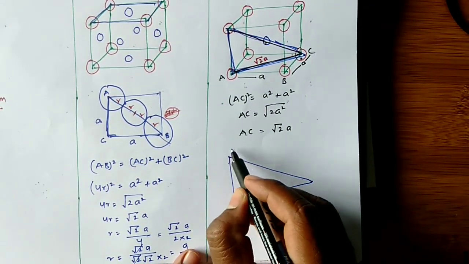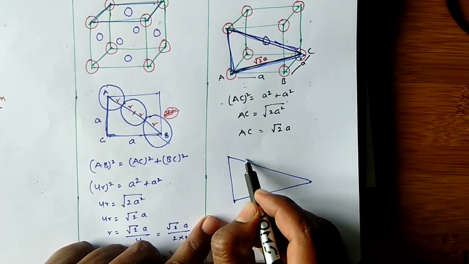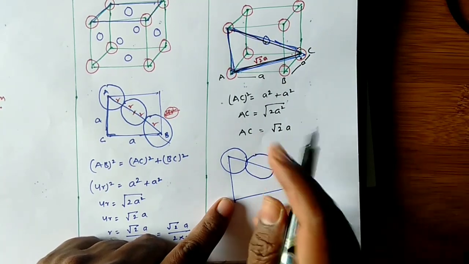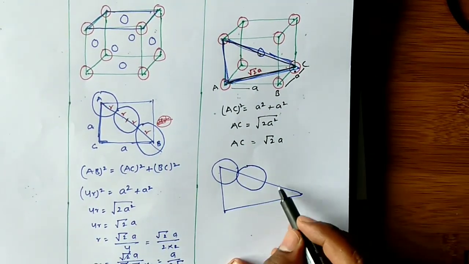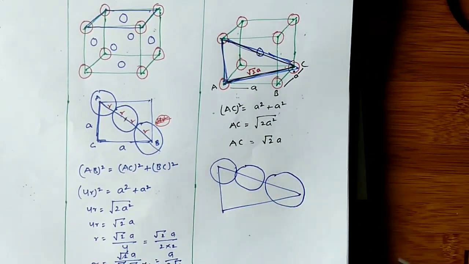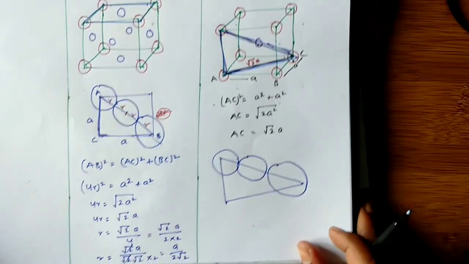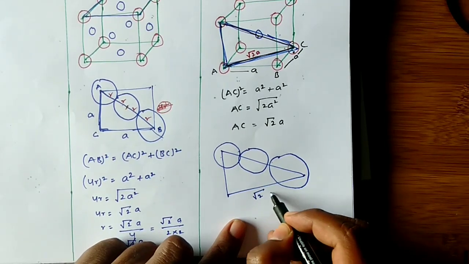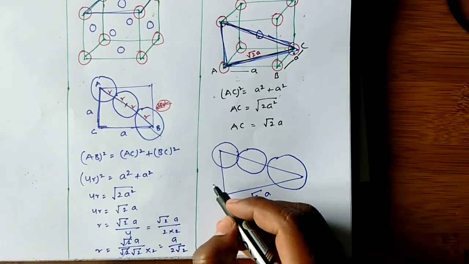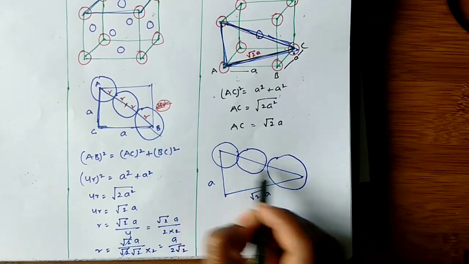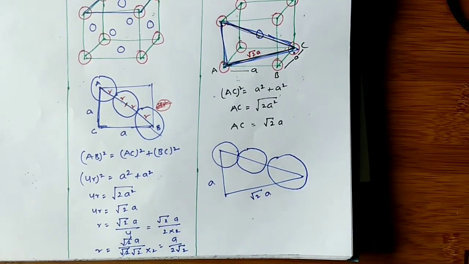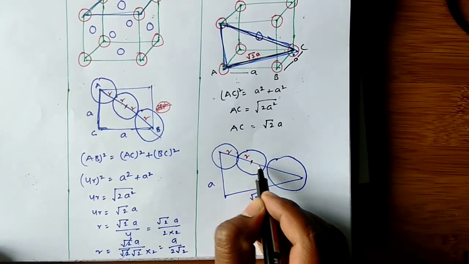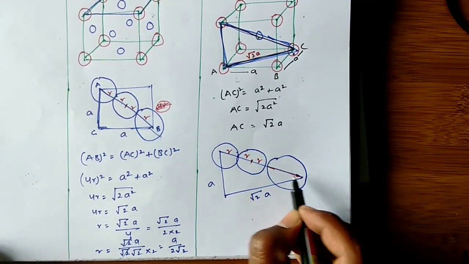Here this is one atom, and there is one more atom in the path of this body diagonal, and here one more atom. You just imagine all these are equal. This length is root 2a, this is a. And what about this length? This is one radius, total 4 radius are there. Here to here one radius, in this 2 radius are there, and here to here one radius.